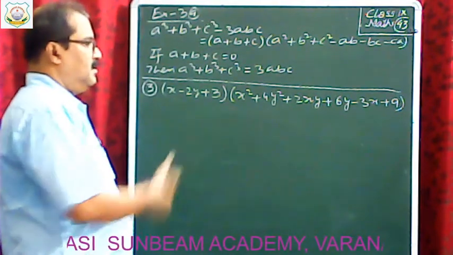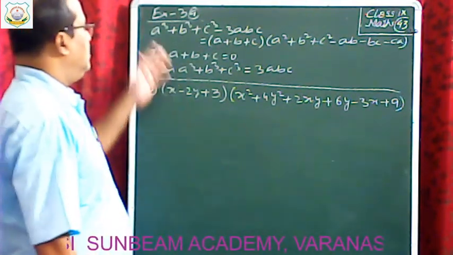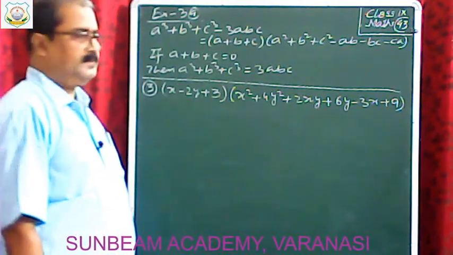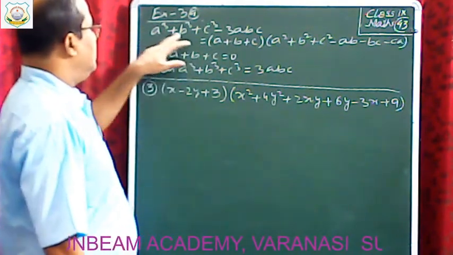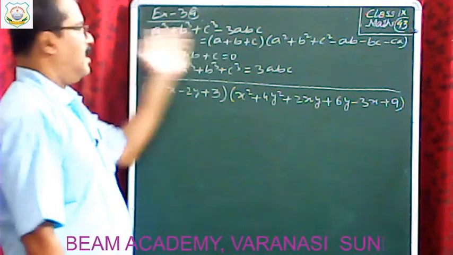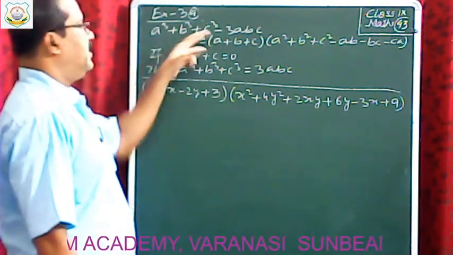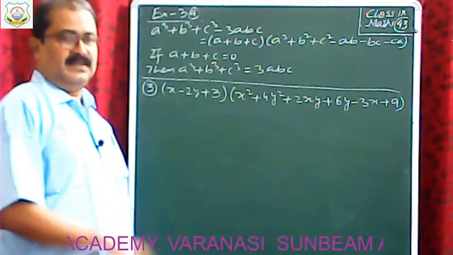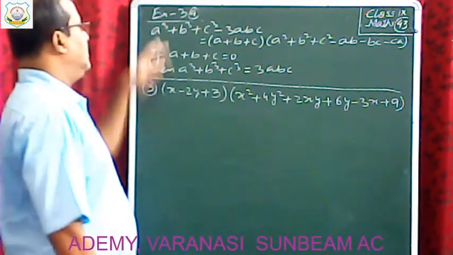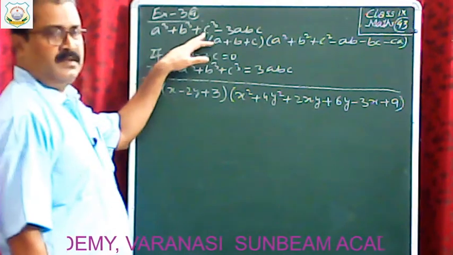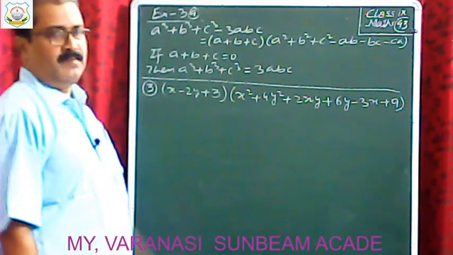we are starting factorization. First of all, we have to go through the identity again: a cube plus b cube plus c cube minus 3abc. How many terms are there? 4. Out of 4 terms, 3 are perfect cube terms and 1 is a combined term.